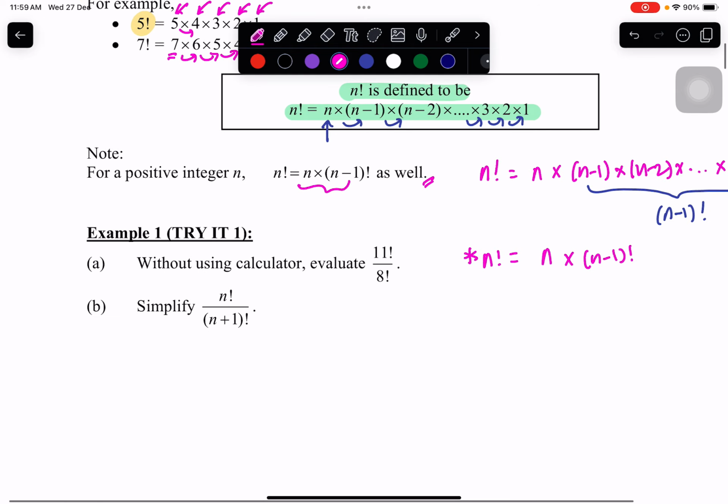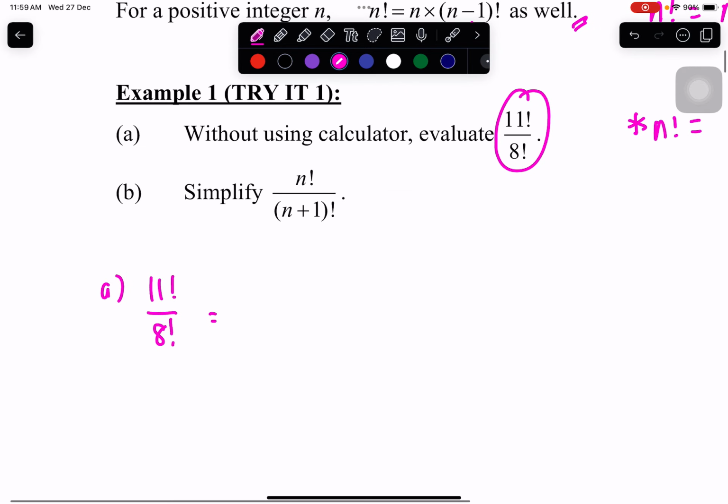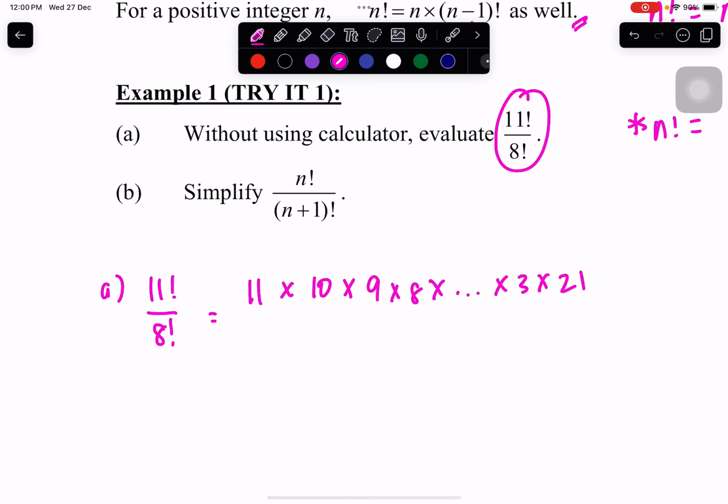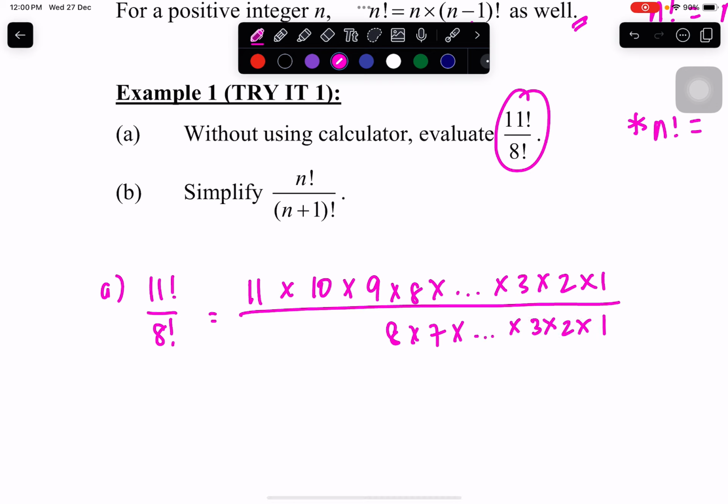Let's try the first example. Evaluate 11 factorial over 8 factorial. This is a simple question. By applying the definition of factorials, 11 factorial is just 11 times 10 times 9 times 8 times all the way until 1. Likewise, 8 factorial is just 8 times 7 times 6 times all the way until 1.